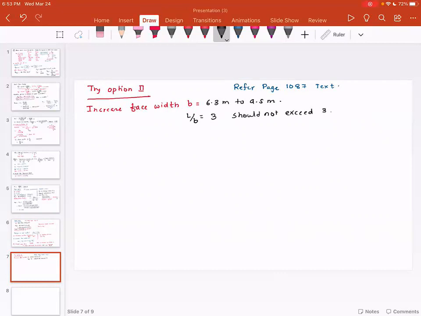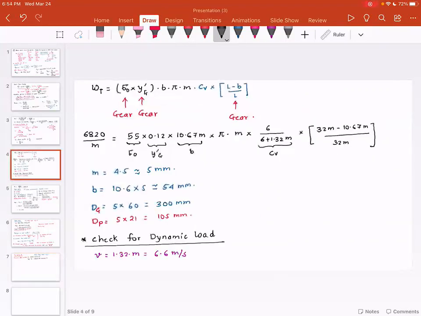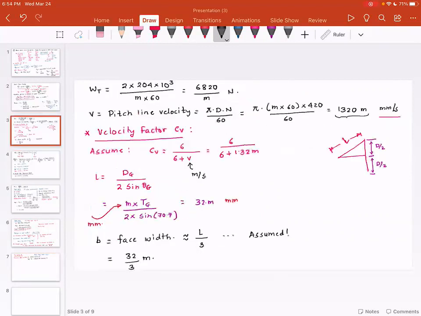If you look at the way we have worked out the problem, if you try option 2, in the first iteration itself, when we found the value of module, we used L by B ratio equal to 3. Can you see here at this step, L by B ratio is equal to 3.